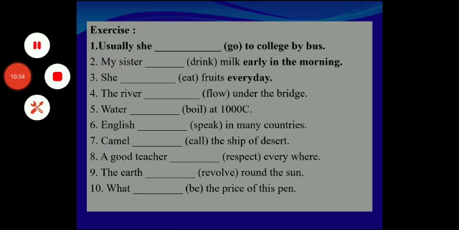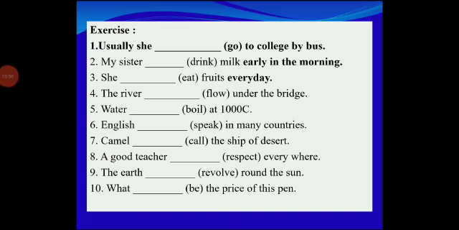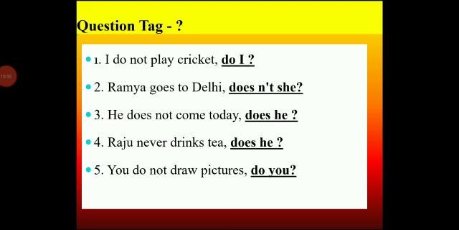Now, next one is the question tag. If the sentence is in the negative manner, you should give a positive question tag. If the sentence is in the positive manner, you should give a negative question tag. So don't be confused. The first sentence: I don't play cricket.